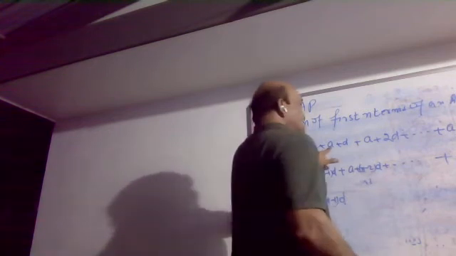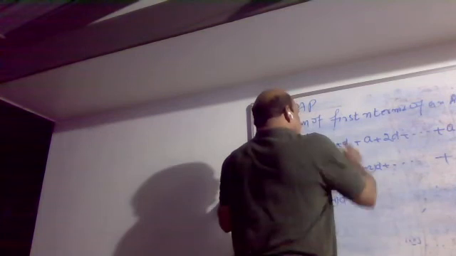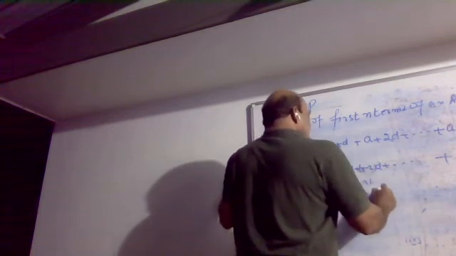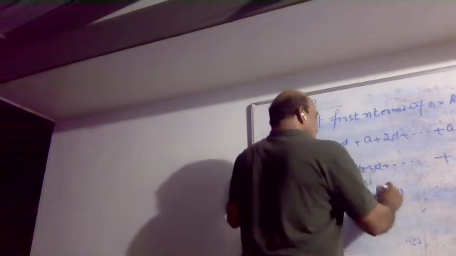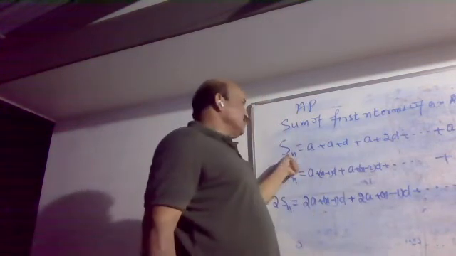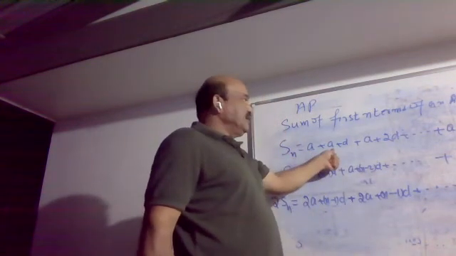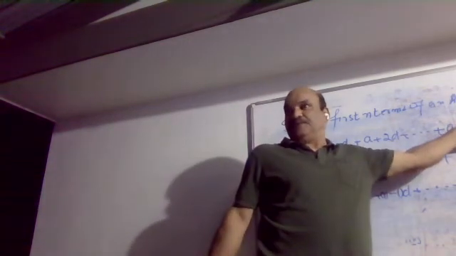Look at the second terms: a plus d plus a plus n minus 2 into d, which is 2a plus n minus 1 into d, plus etc. For the last one, a plus a is 2a plus n minus 1 into d. So you are writing the first n terms of the AP: a plus d plus a plus 2d plus etc., up to a plus n minus 1 into d.